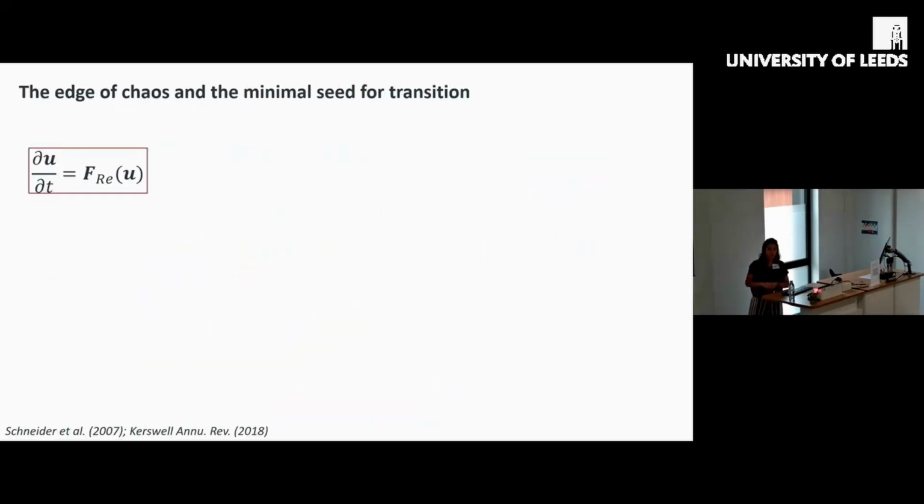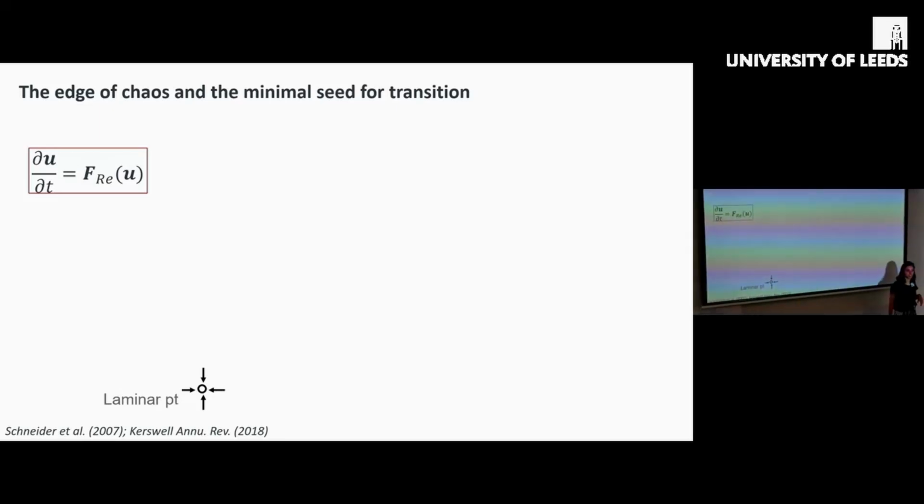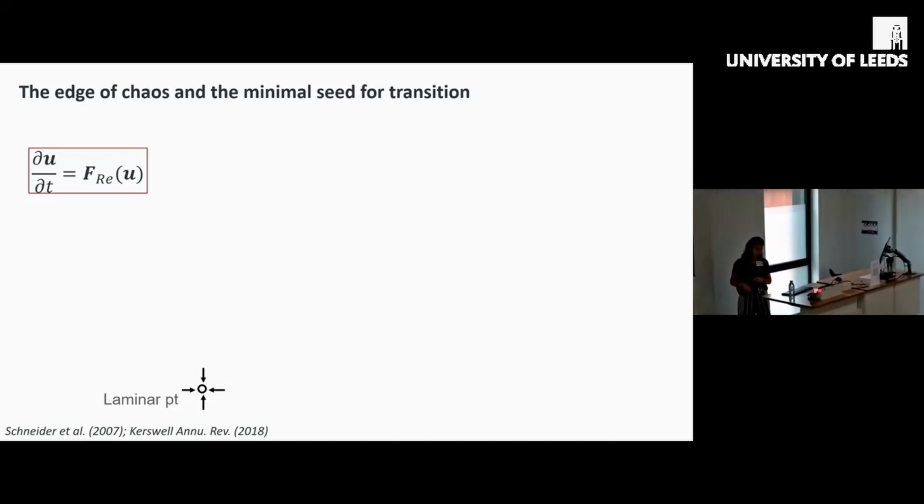So what does the phase space of a linearly stable flow look like? We can visualize this, for example, in a 2D projection, and I will draw a similar sketch to what was shown before, which is great. So we have the laminar point down here, which is a steady state, and it's stable to infinitesimal disturbances.